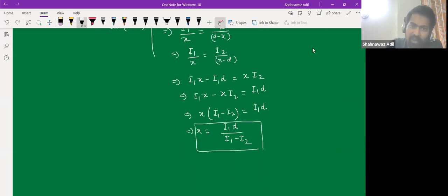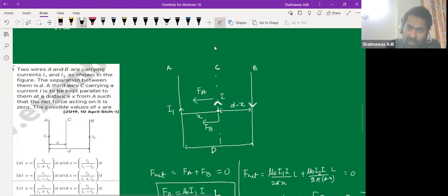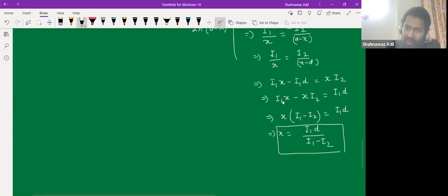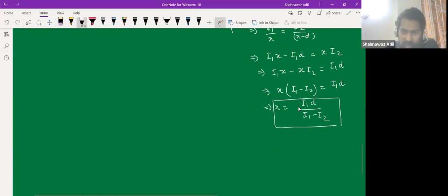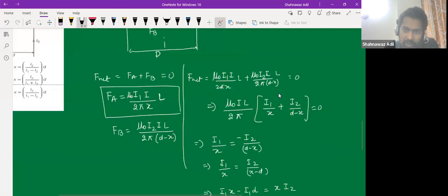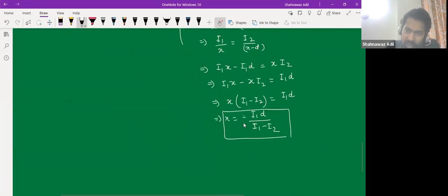But I can also have the current direction downward, parallel to this, and then the F net would be in this direction, so I will get a negative sign here. In one case my current is positive and in the other case it is downward, so I can take it as negative. So I will have positive and negative.